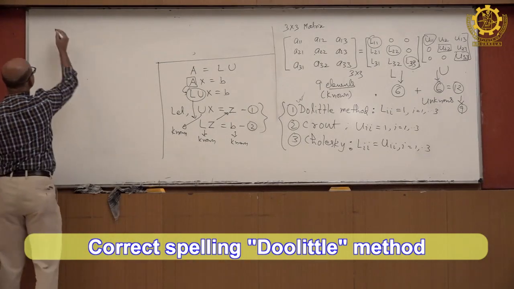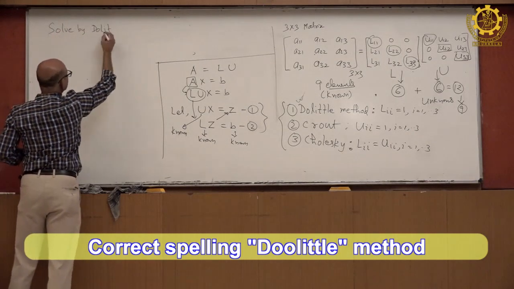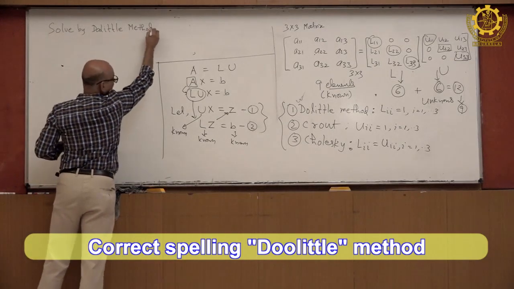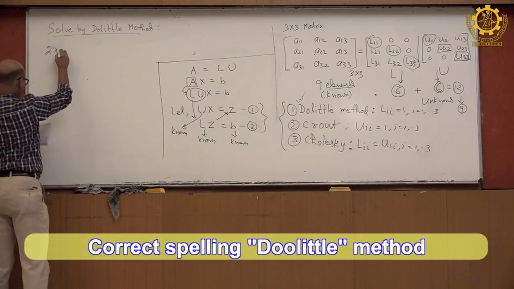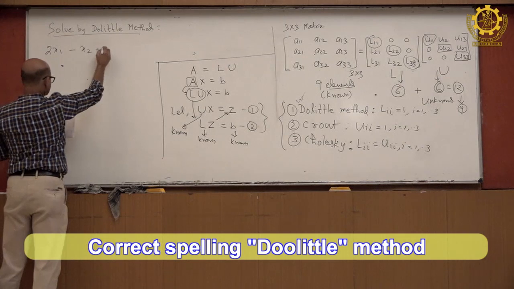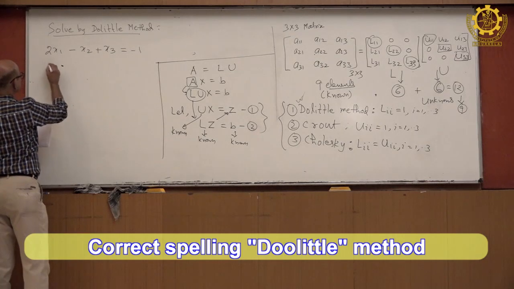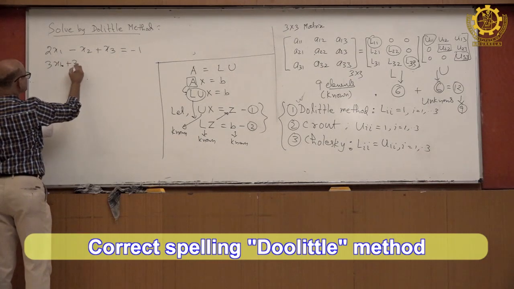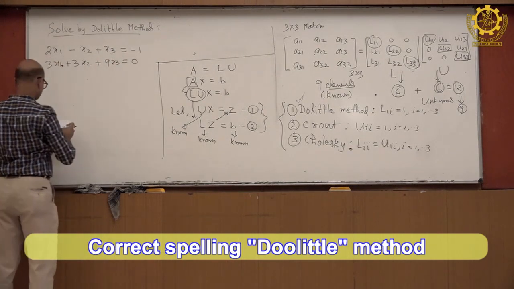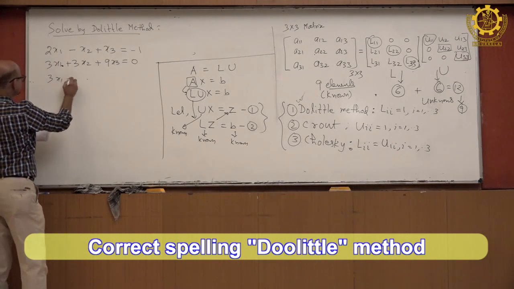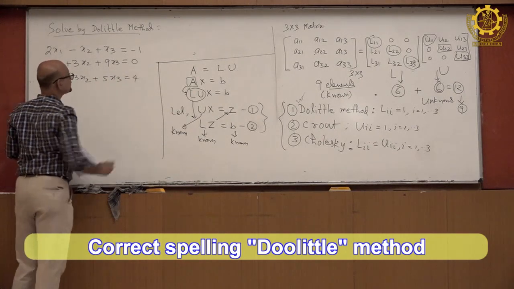Solve by Doolittle method. The given system is 2x1 minus x2 plus x3 is equal to minus 1, 3x1 plus 3x2 plus 9x3 is equal to 0, 3x1 plus 3x2 plus 5x3 is equal to 4.